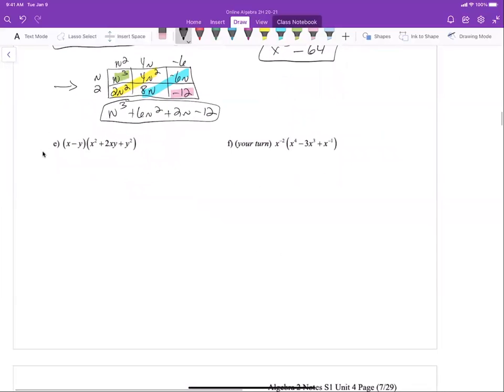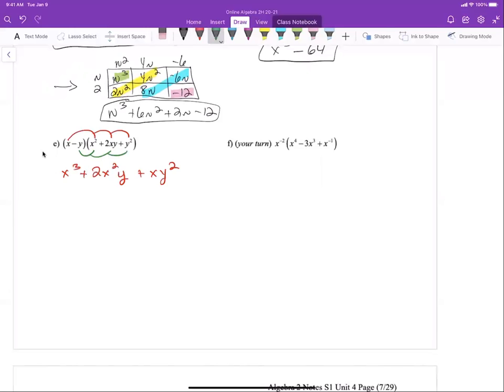All right, moving on. I essentially am going to multiply each term in the second polynomial by x, and then I'm going to multiply each term in the second polynomial by negative y. So what will I get? I get x cubed plus 2x squared y plus xy squared.